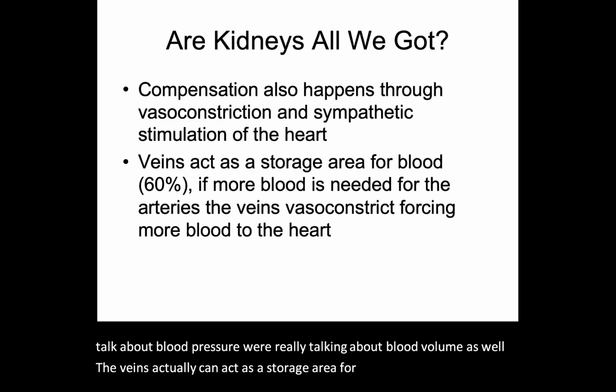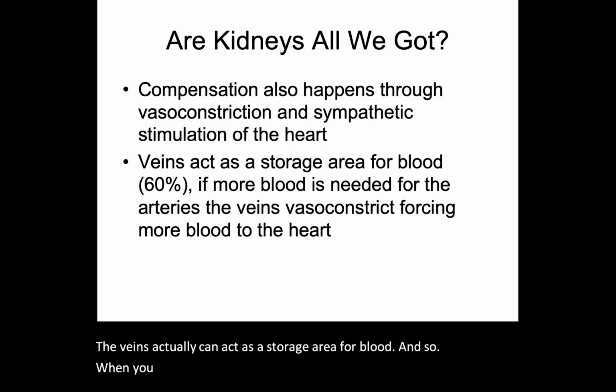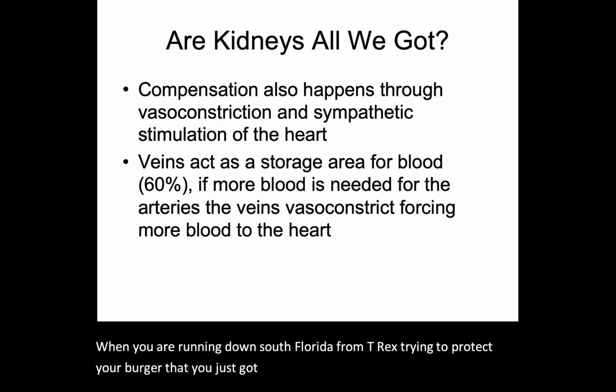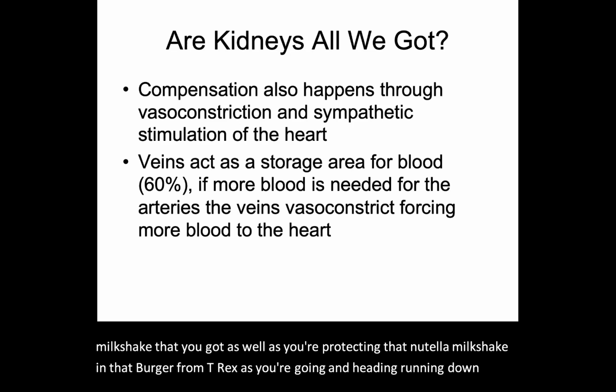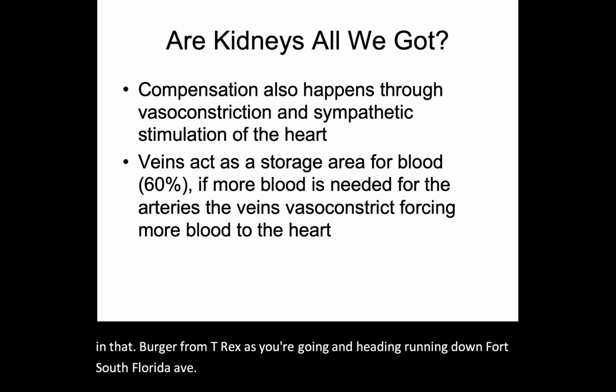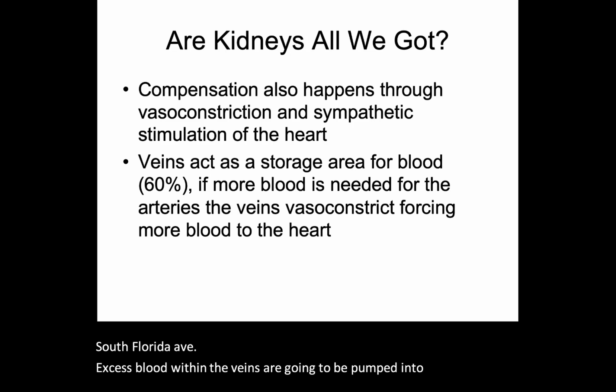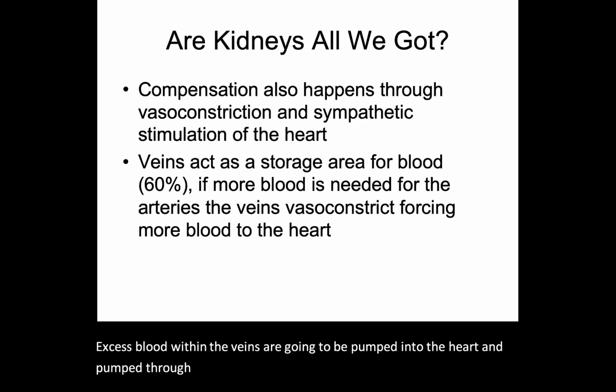And so when you are running down South Florida Avenue from T-Rex trying to protect your burger that you just got from Steak and Shake and maybe a Nutella milkshake that you got as well, as you're protecting that Nutella milkshake and that burger from T-Rex as you're running down South Florida Avenue, excess blood within the veins is going to be pumped into the heart and pumped through the arterioles to support an increase in blood pressure, right?